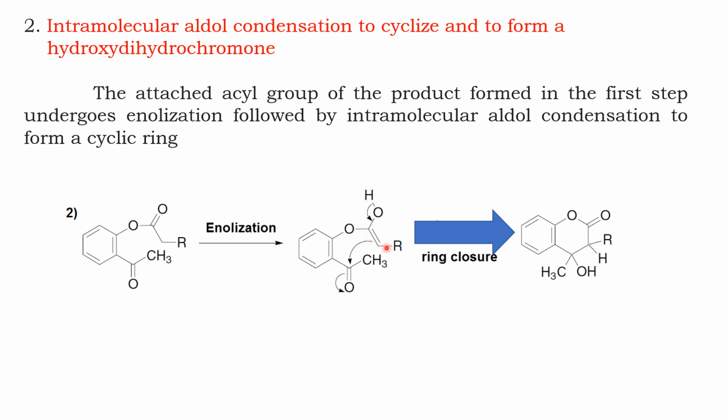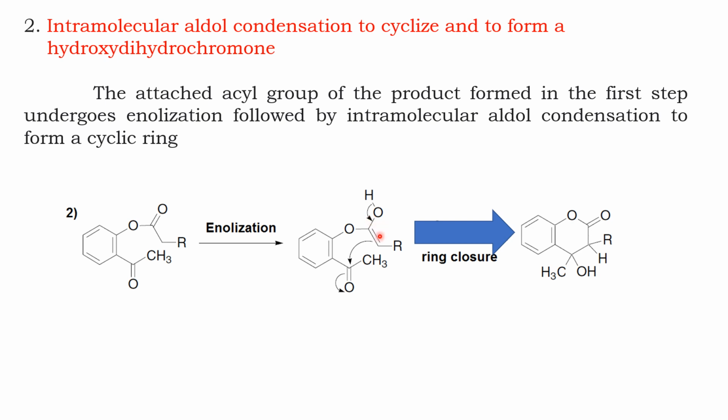Just look, a double bond, an OH. So if here it is O minus, it will be called an enolate anion. Okay. Now see here, this minus sign moves to the carbon-oxygen bond.